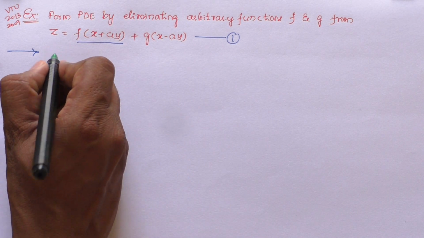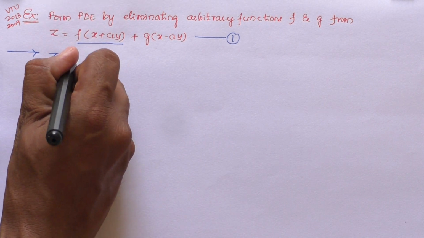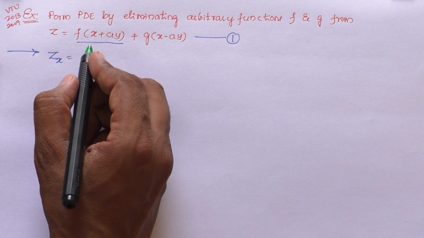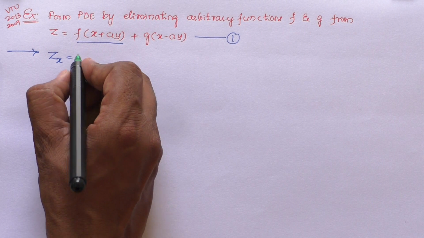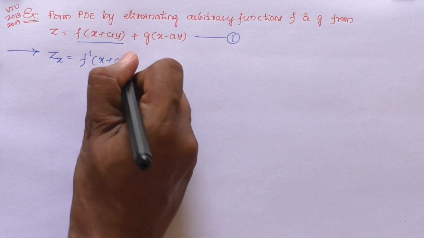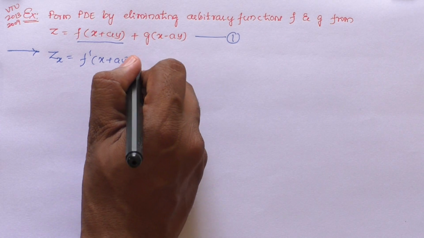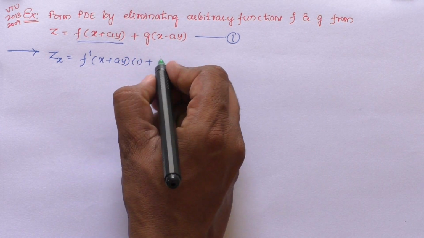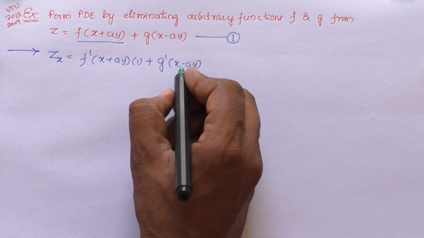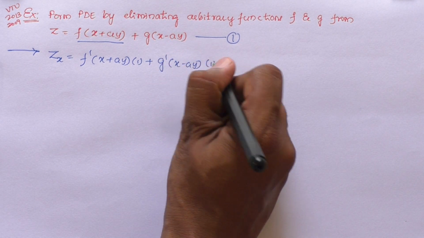Differentiating z with respect to x, denoted zx, the derivative is f dash of x plus ay into 1, plus g dash of x minus ay into 1.